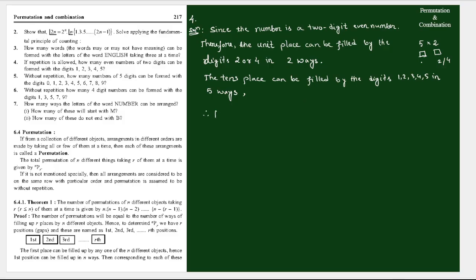Therefore, the number of two-digit even numbers that can be formed equals 2 into 5, 10.